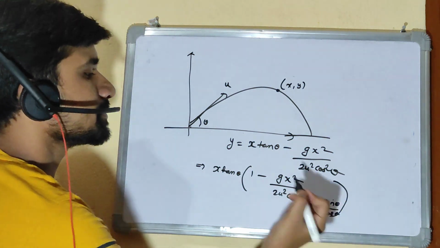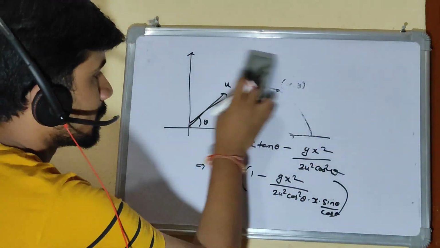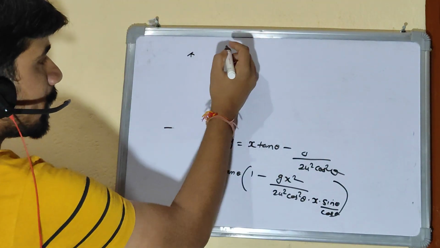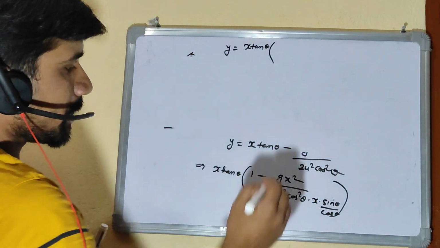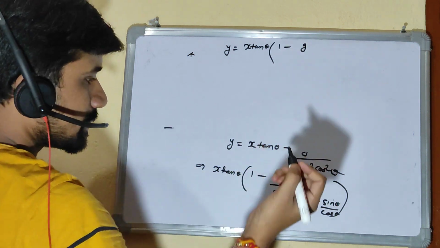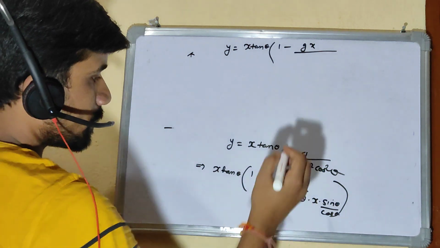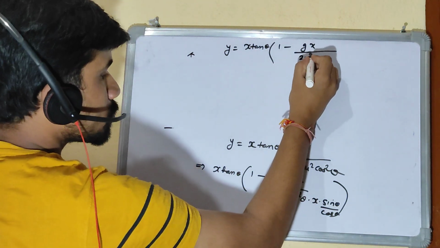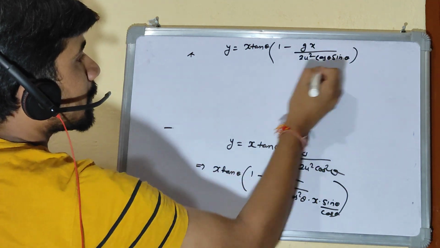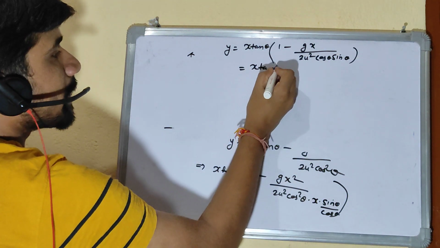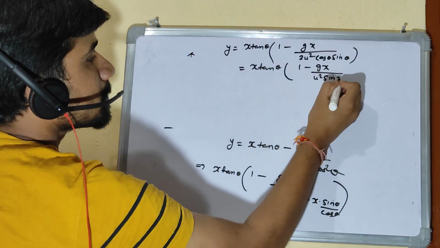If I cancel out things, y will become x tan theta into 1 minus gx by 2u square cos theta sin theta, right? This becomes x tan theta into 1 minus gx by u square sin 2 theta.